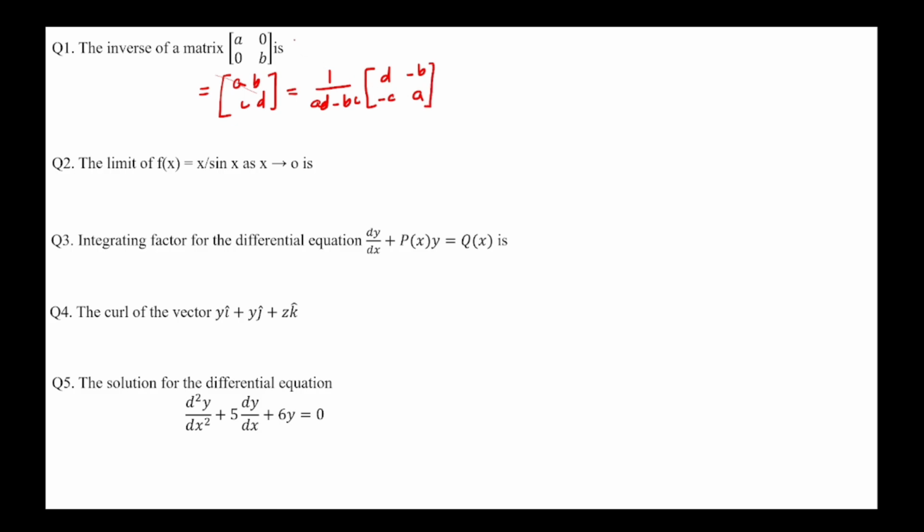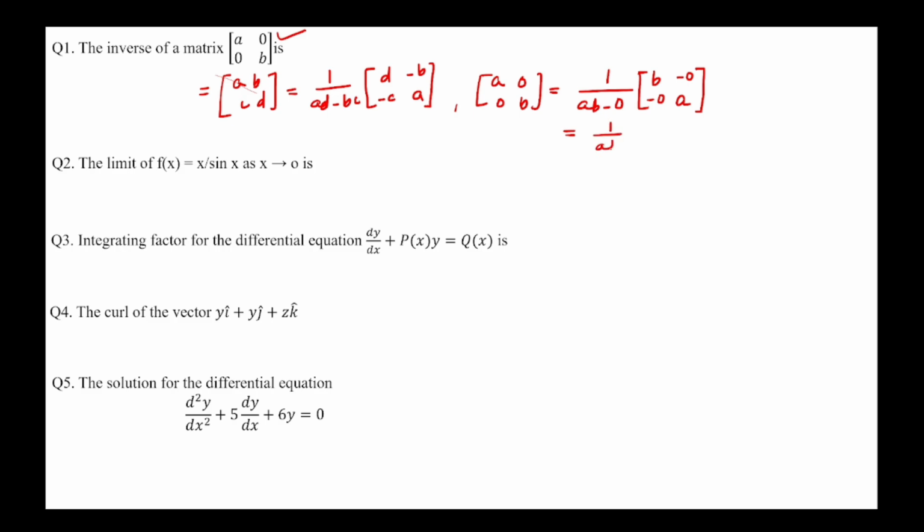So similarly, if I take this example, A 0 0 B, the answer of this question will be 1 upon AB minus 0, B and A will interchange, and minus 0, minus 0 is 0.